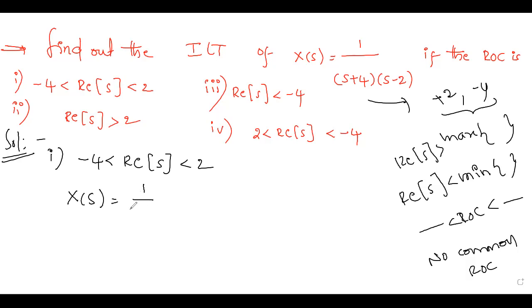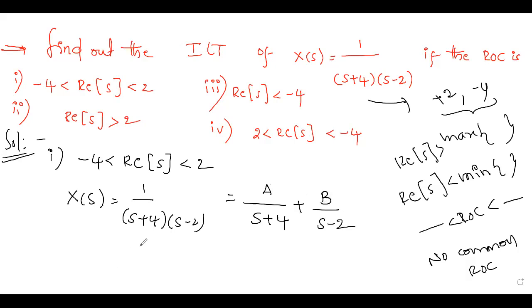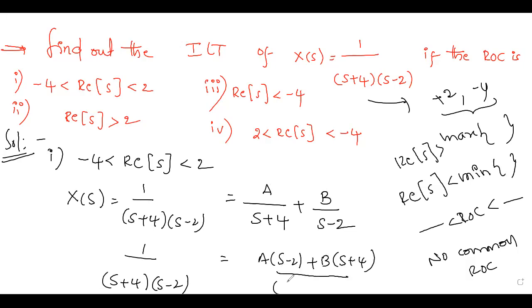So what is the given function first? X(s) equal to 1 by (s plus 4)(s minus 2). First find the partial fractions for this. You can go for either the comparison method or the shortcut method to find the partial fraction constants. A into (s minus 2) plus B into (s plus 4) by (s plus 4) into (s minus 2).